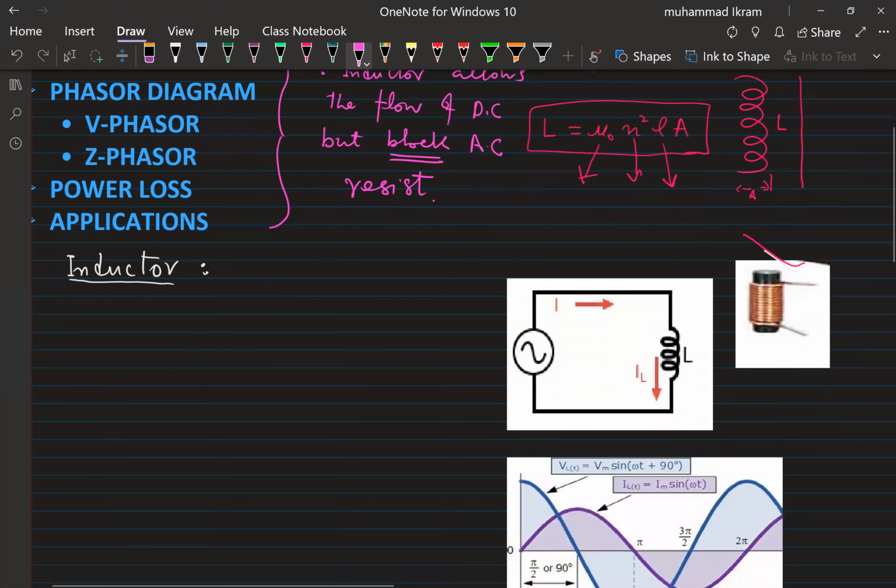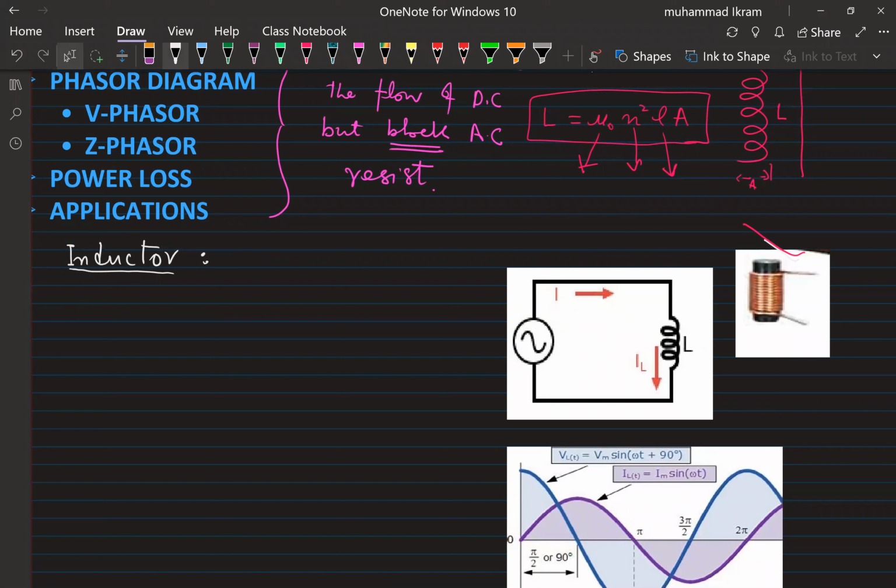So what is a pure inductive circuit? A pure inductive circuit is the one in which the AC source is connected, and since you know that ammeters and voltmeters in a circuit measure RMS values, I will write VRMS.